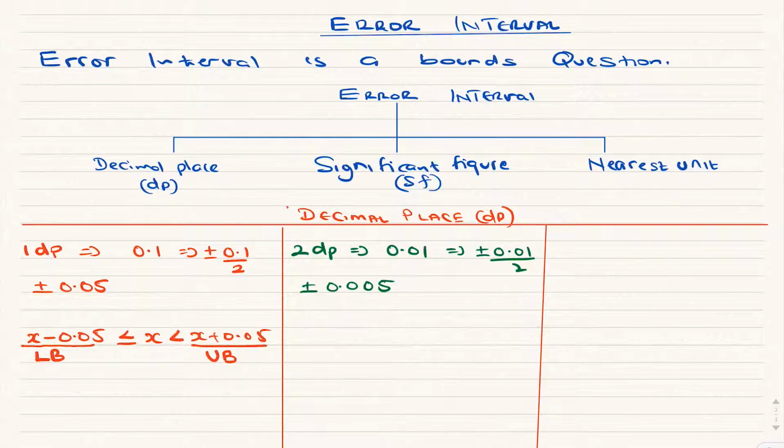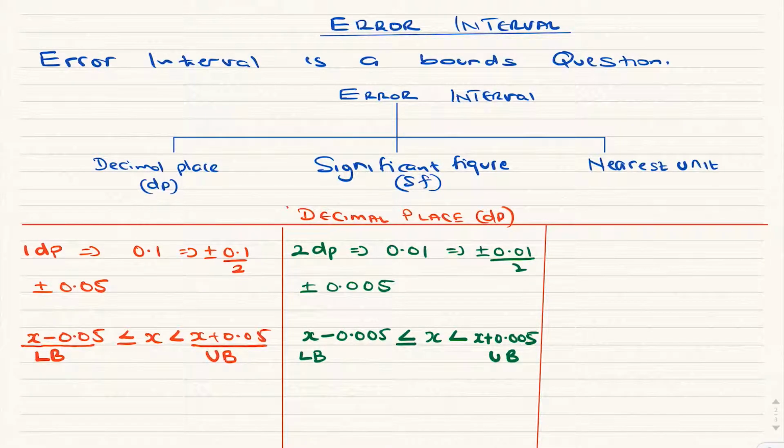The lowest possible value of x, or the lower bound, will be x minus 0.005, and this is less or equal to x, which is less than the highest possible value of x, which is the upper bound, and that will be x plus 0.005.